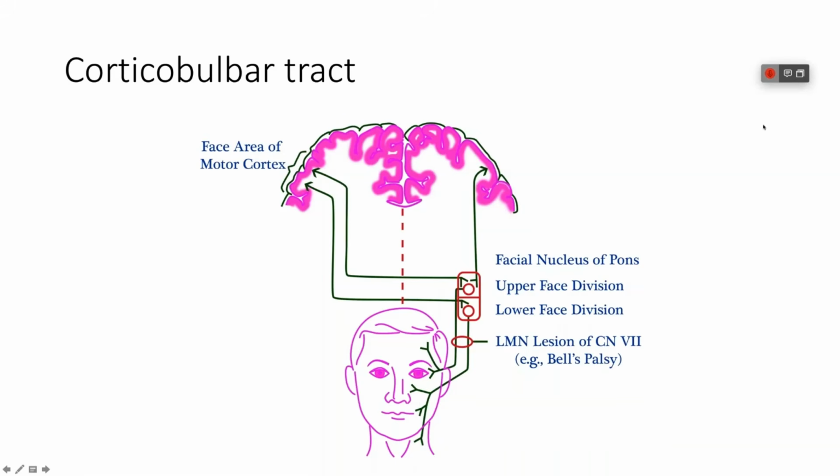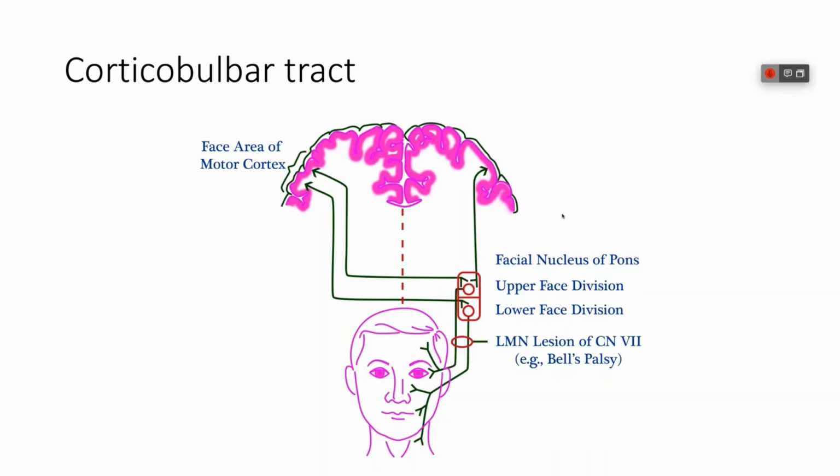One thing I had a question on was that I agree with the idea of whole face versus lower side of the face, but I came across a question one time where there was a lesion, and this goes to the point you made. So you can't always assume that it's a cortical stroke, correct?